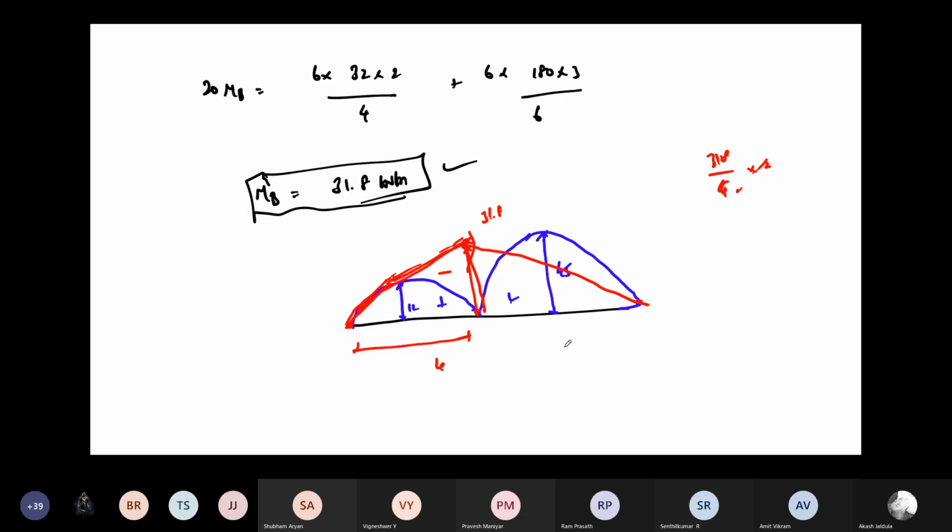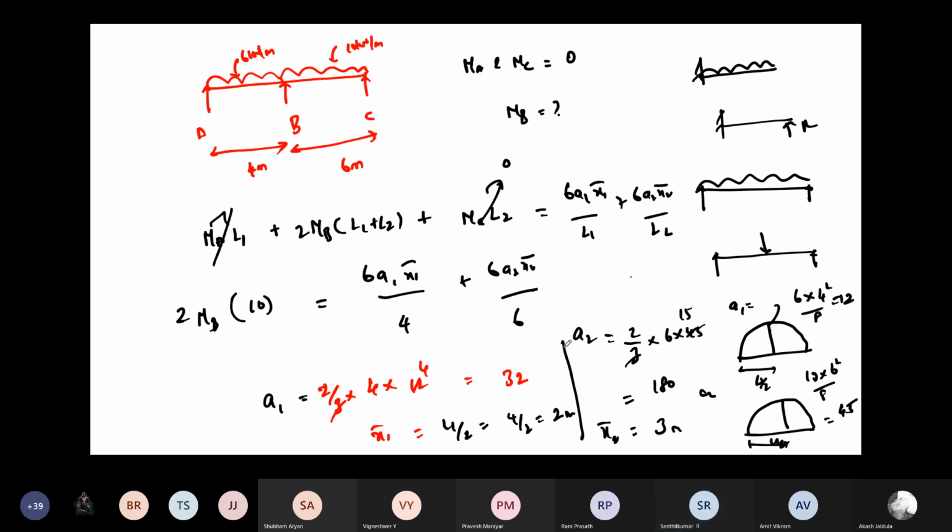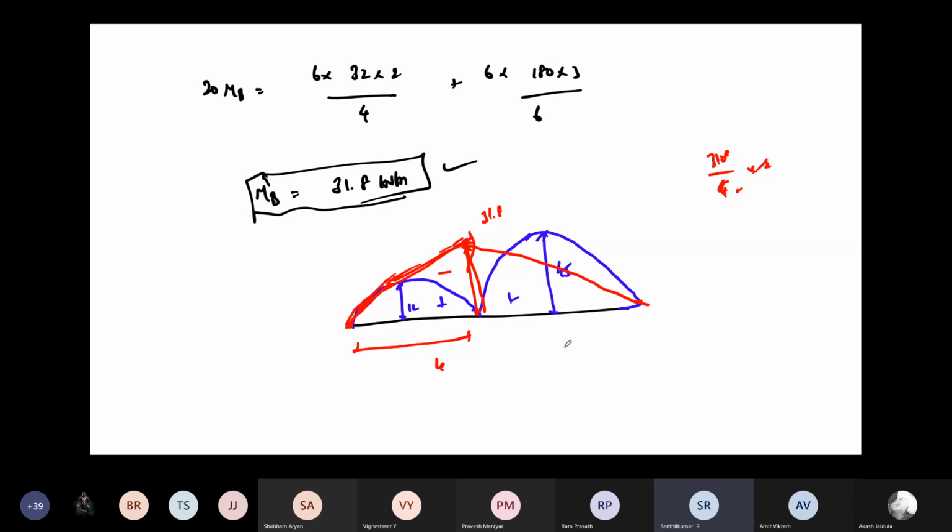Any questions as of now? Guys, any questions? Shall we go to the next problem? Just one thing required here is that equation only.